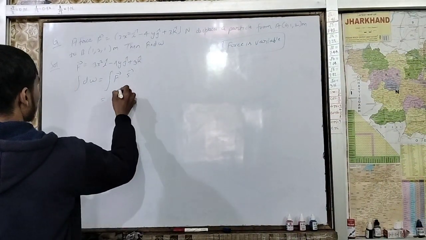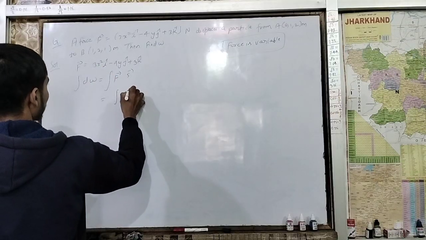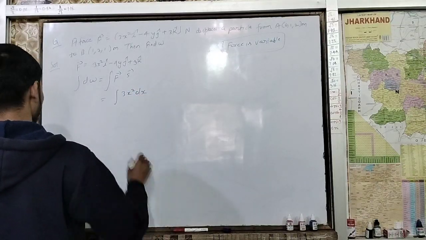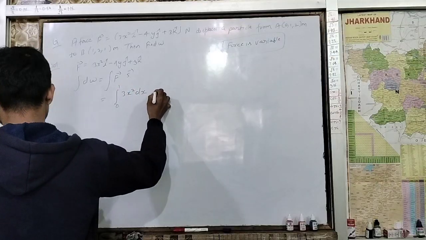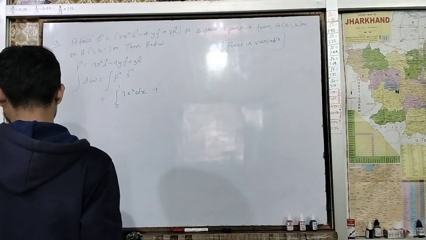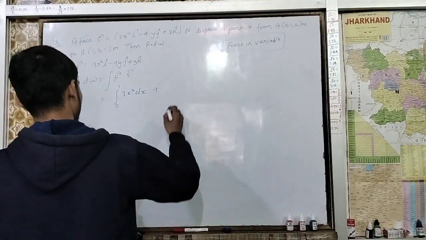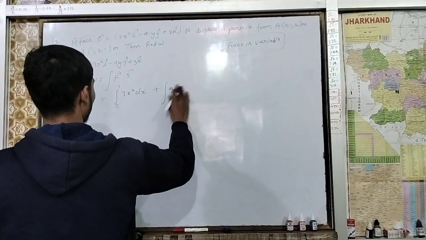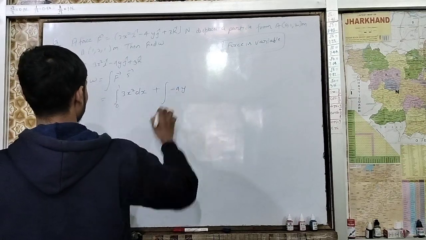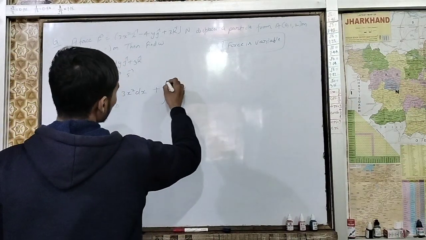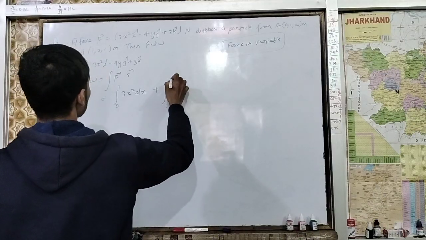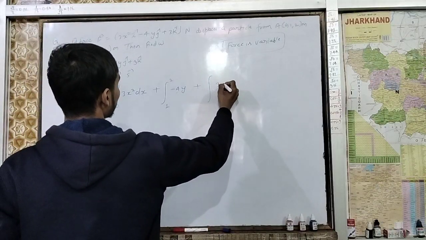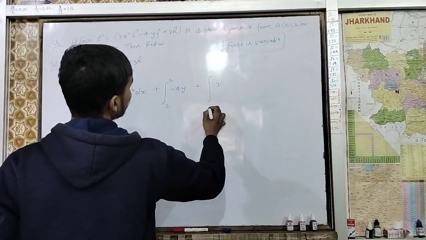So over here, integration of 3x square dx, limit 0 to 1, plus integration of minus 4y dy, limit from 1 to 2, then again plus integration of 3 dz, limit from 2 to 1.